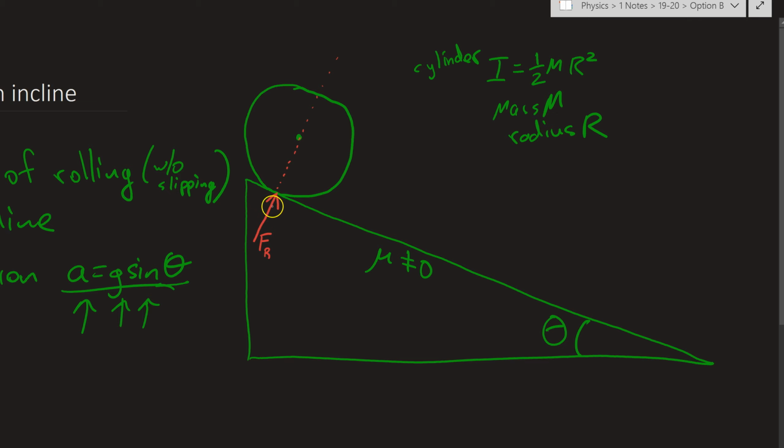So this normal force will not exert a torque. And the weight also acts through the axis of rotation, so the weight also does not exert a torque. Therefore, if neither of these forces exert a torque around the axis of rotation, then the thing's not going to rotate. So you have to have friction in order for a thing to begin rolling.